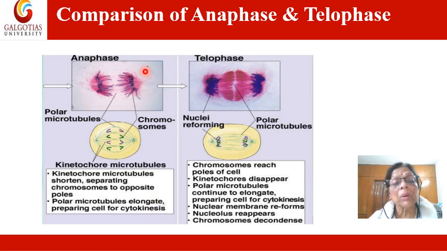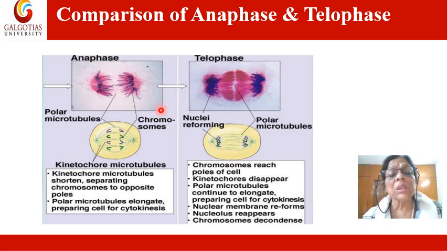These are the polar microtubules which continue from this centriole to this centriole. They also start elongating, leading to the separation into two. And they start preparing for cytokinesis, because ultimately the cytoplasm will also have to divide. And this division of cytoplasm, as I have told repeatedly, is known as cytokinesis. So this is the preparation for cytokinesis.